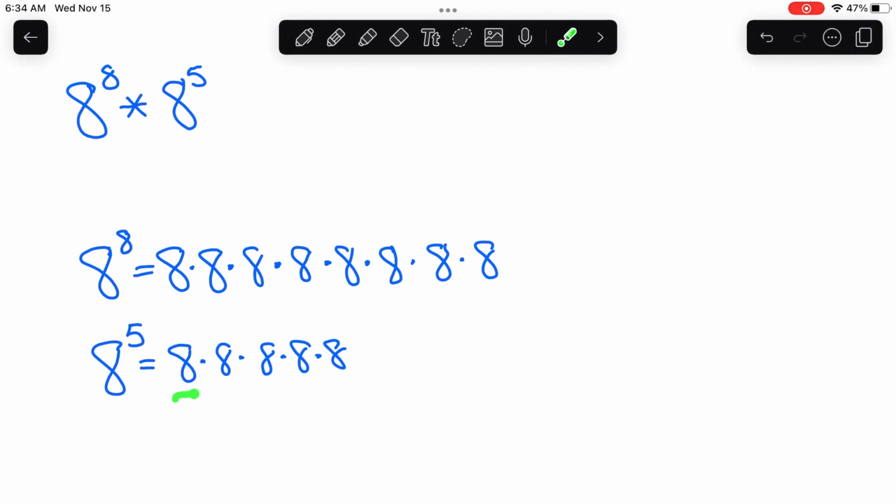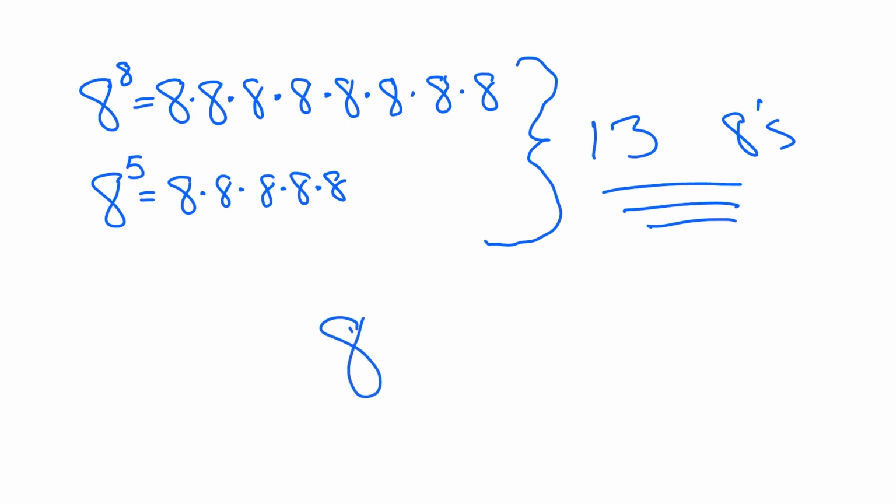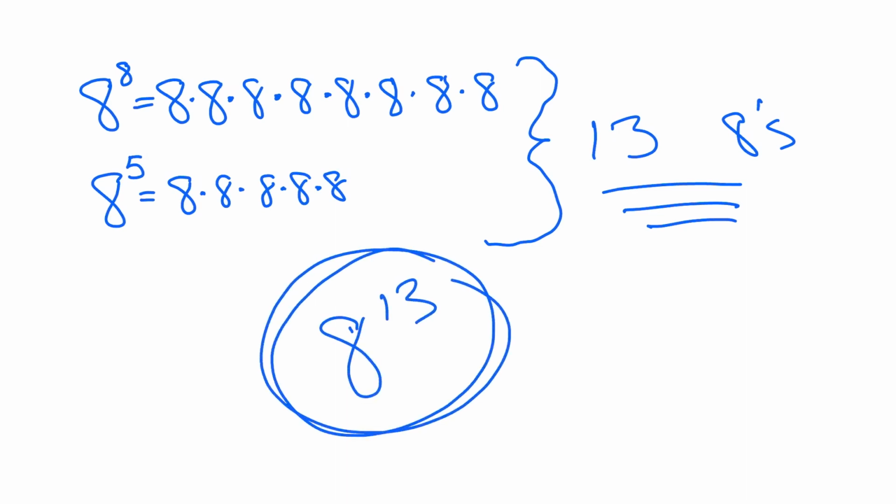And then 8 times 8 times 8 times 8 times 8, that's the second term. In total I have 13 8's being multiplied together. Let's look at that one more time. 8 to the 8th times 8 to the 5th becomes 8 to the 13th power.